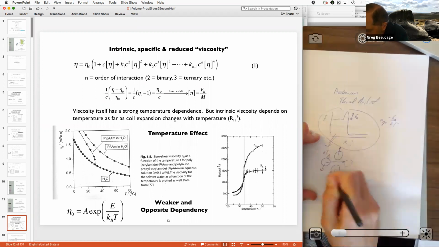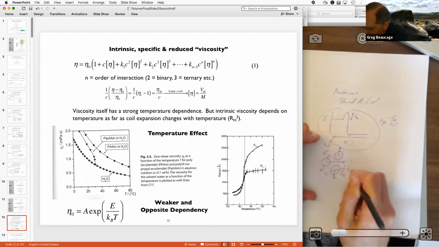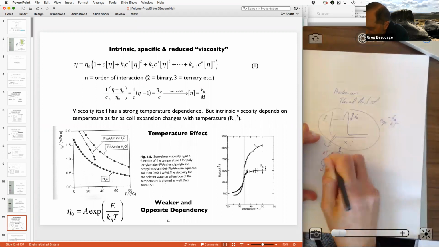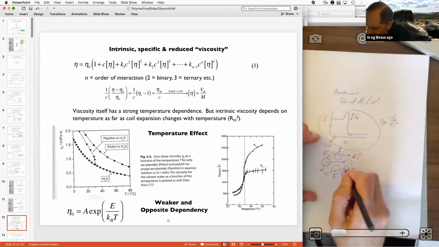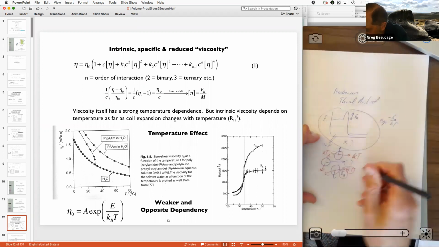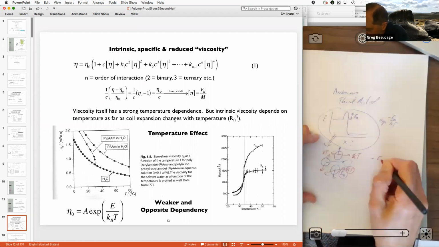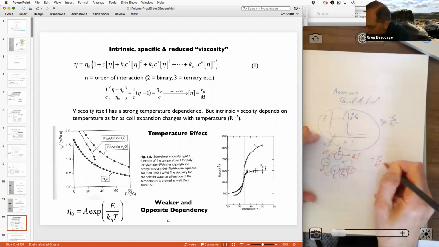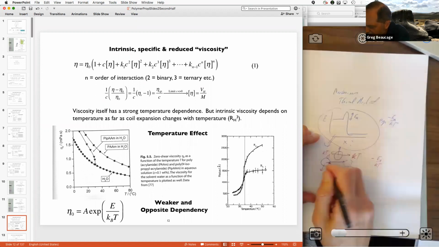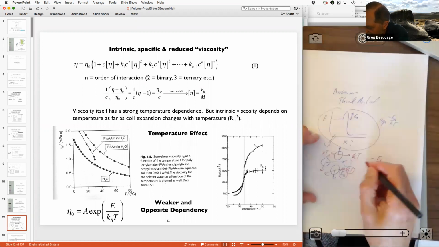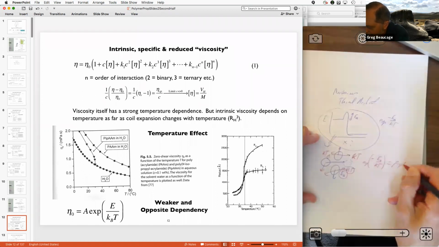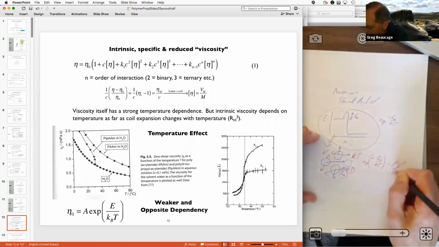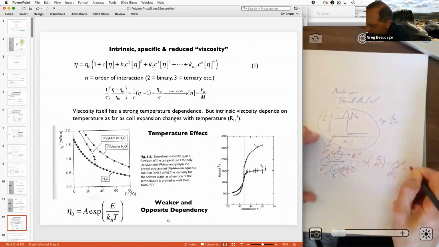So thermally, these things are randomly moving with kT. So there's a balance between this EA and kT. EA over kT is going to give you the probability that this guy went there. So it's going to be exponential, and gives you the probability of flow, which equals viscosity.